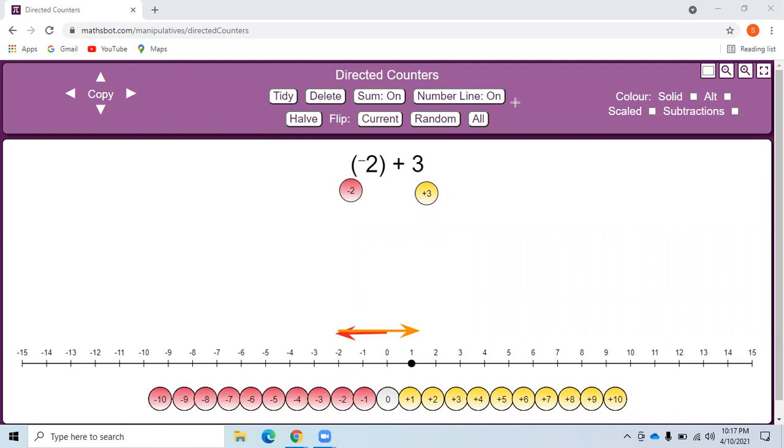And we can show this again with +2 and -3. I'm going to start adding +2, so I make an arrow that goes 2 units to the right. And now I need to add -3.